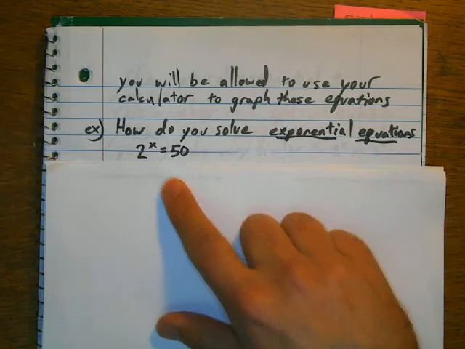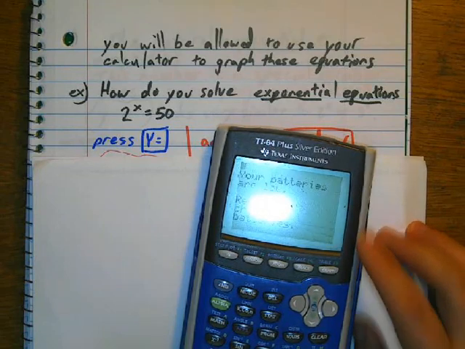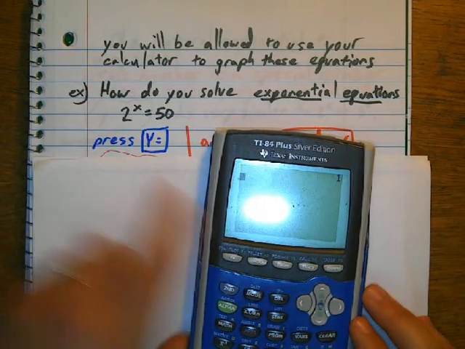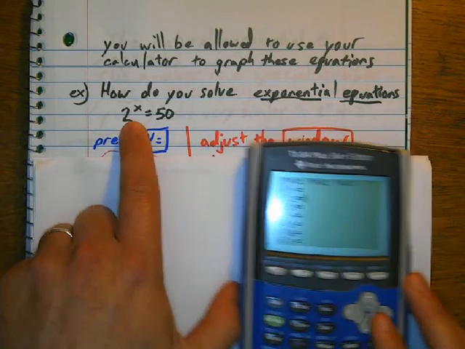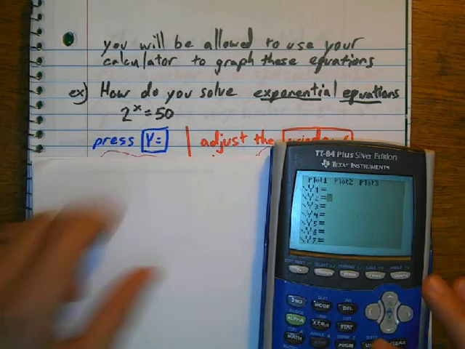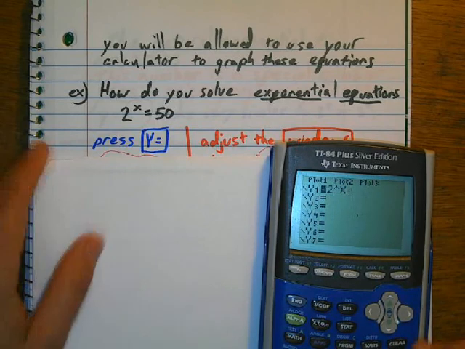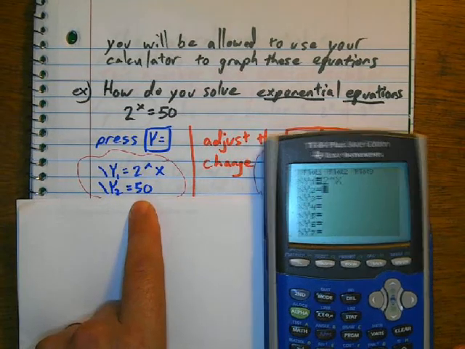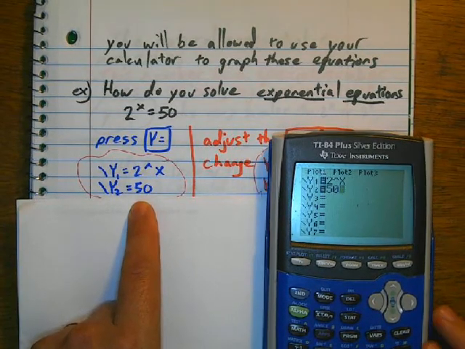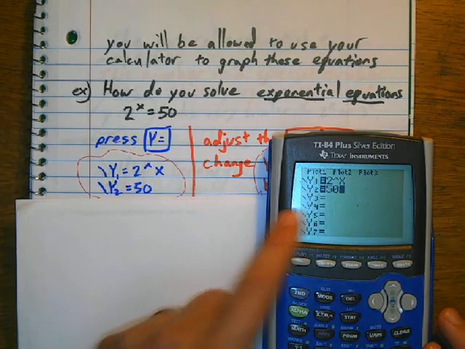In my calculator, the first thing I'm going to do is press y equals, and then type in 2 to the power of x in the first spot, so 2 caret x. In the next one, we're going to type in 50. This will give me an equation for the left side and an equation for the right side. And then we're going to graph this.